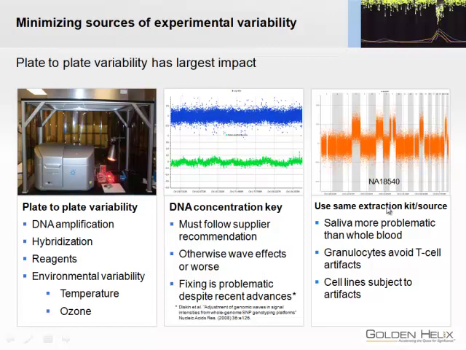Also, be aware of differences in the source of blood. We've run a lot of HapMap samples as controls and regretted it, because they came from cell lines, and they often behave very differently than blood-based DNA that was just extracted from blood and not gone through an immortalization process.